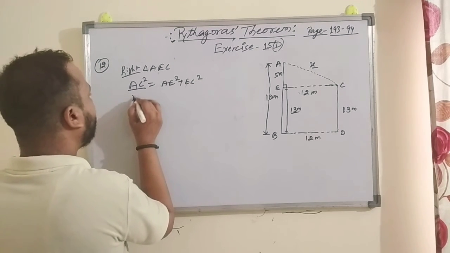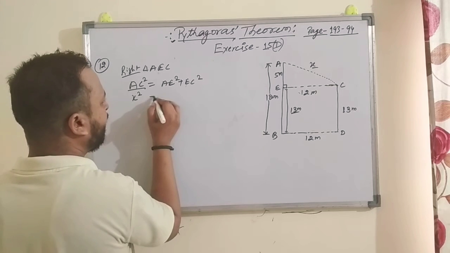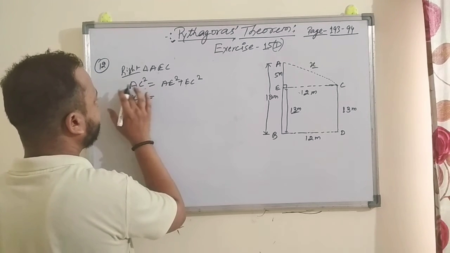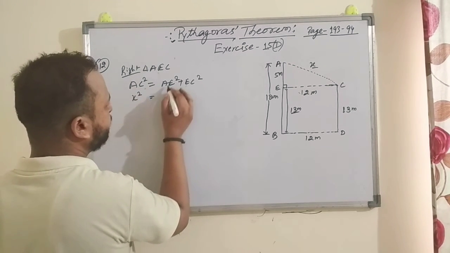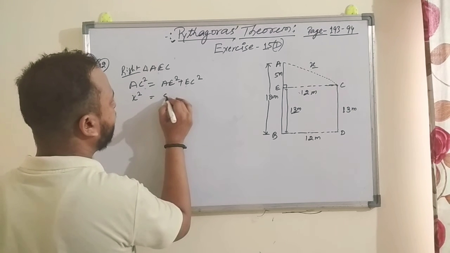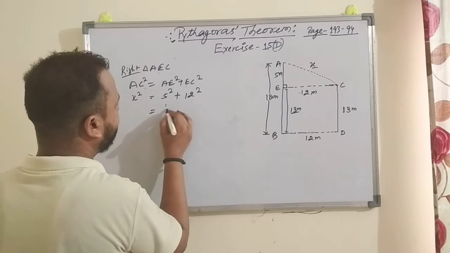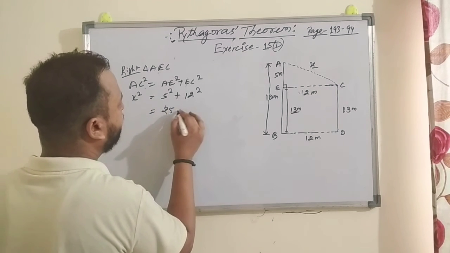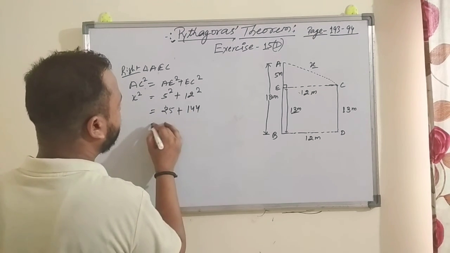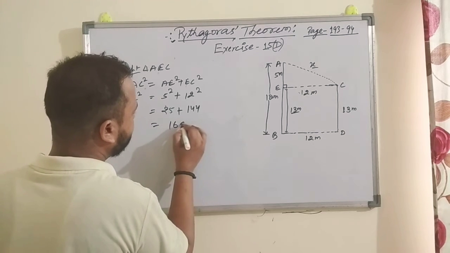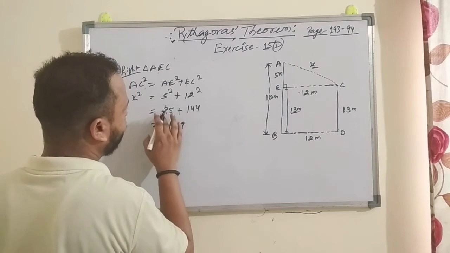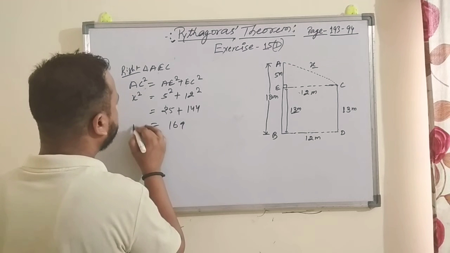AC square you have to find out, that is given as x square. So x square, the value of AE is 5 square plus EC value is 12 square. So 5 square is 25, 12 square is 144, so this is 169.